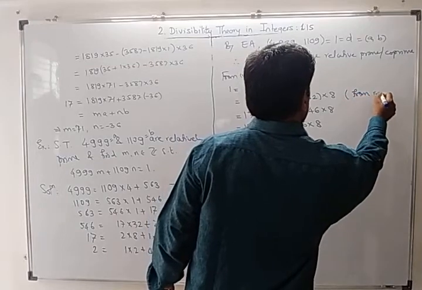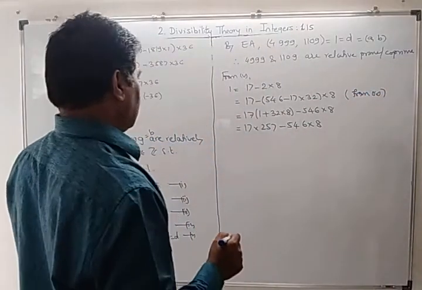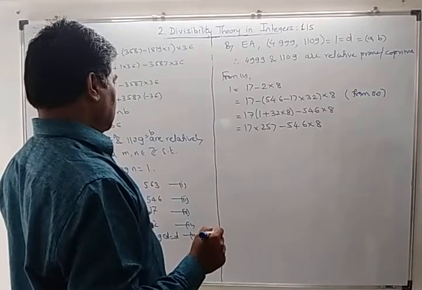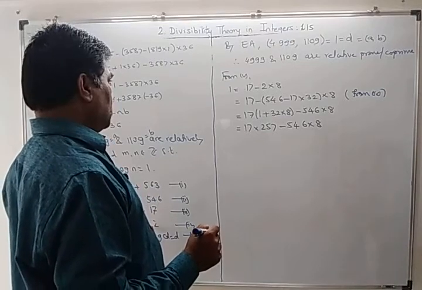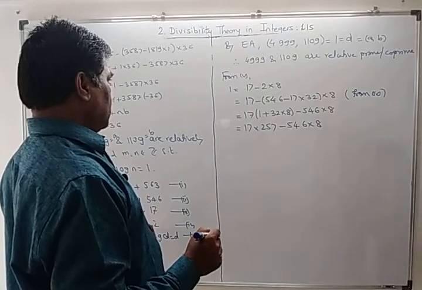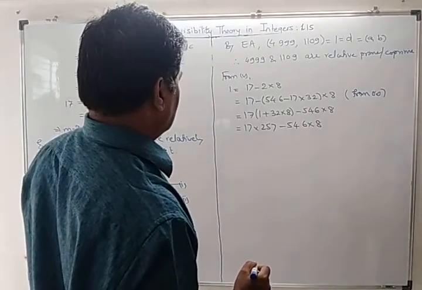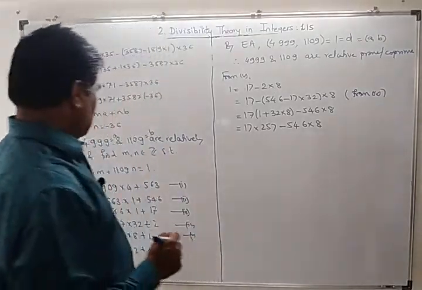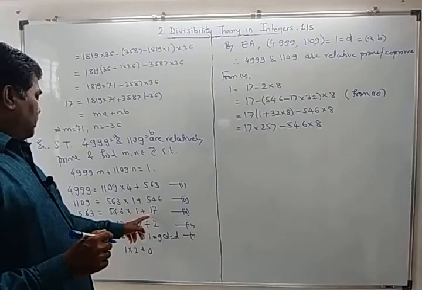Then for 2 we'll use from 4. We have substituted the value of 2. Is it clear? Yes. Now we have to put the value of 17 by using 3.